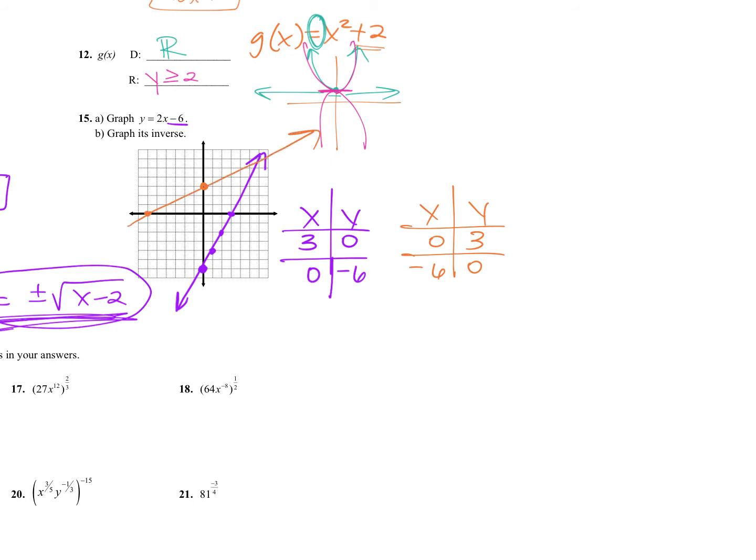And remember, these always reflect over the line y equals x, so you can always double check that. Does this look like a reflection over that line? And it does. Good?